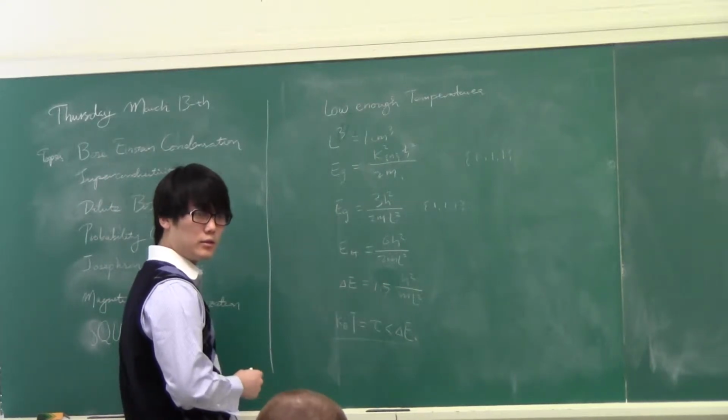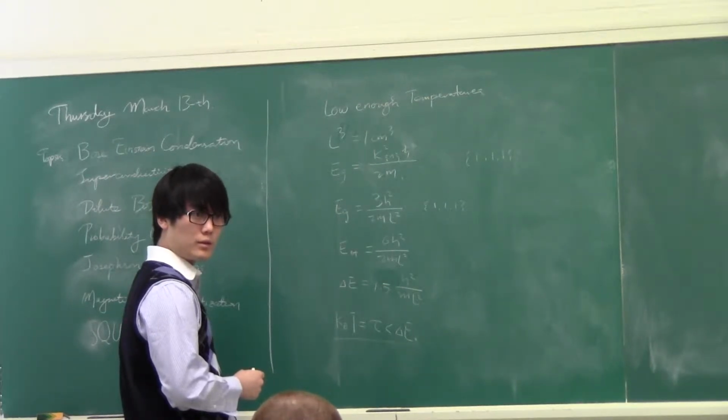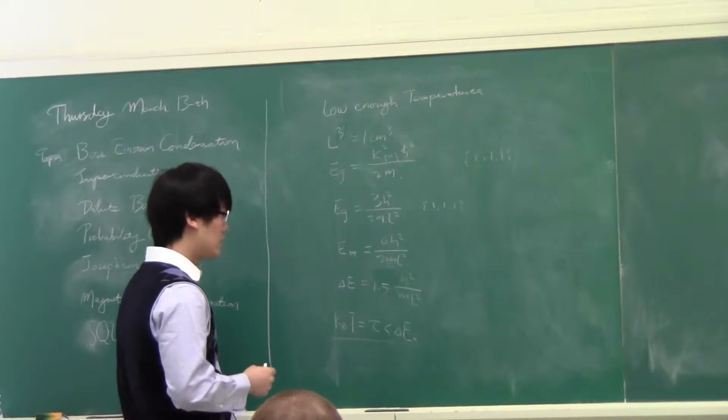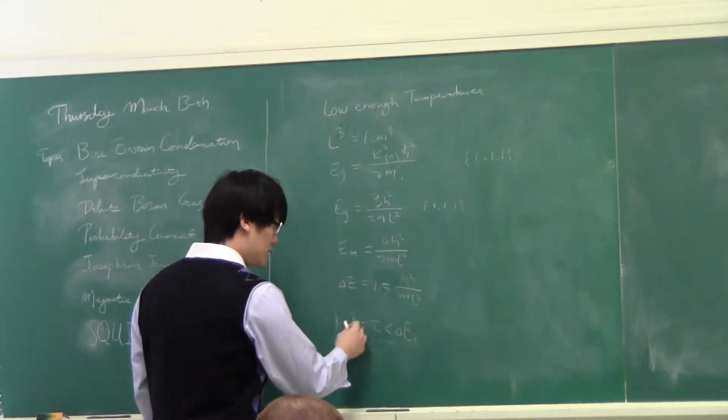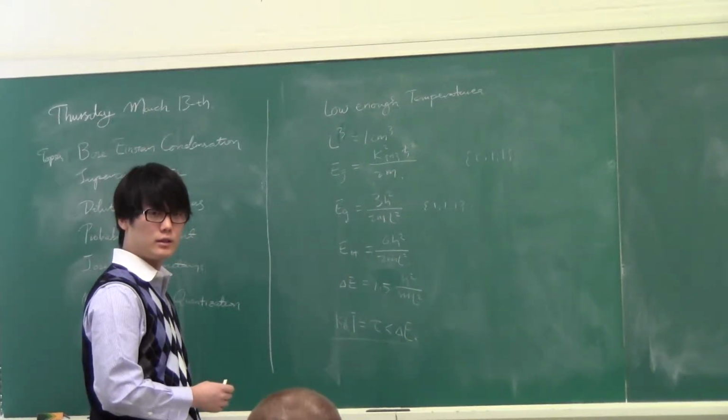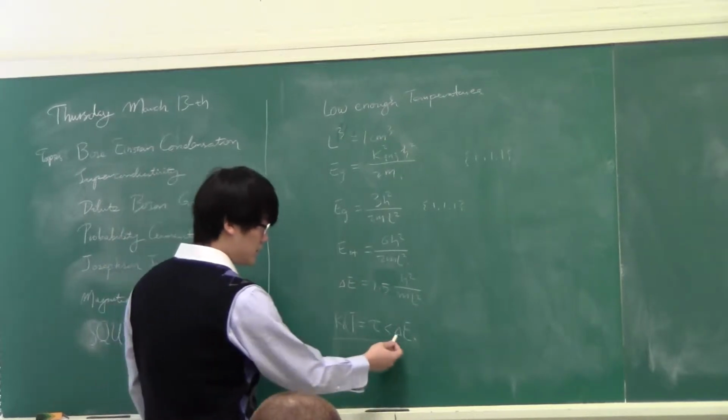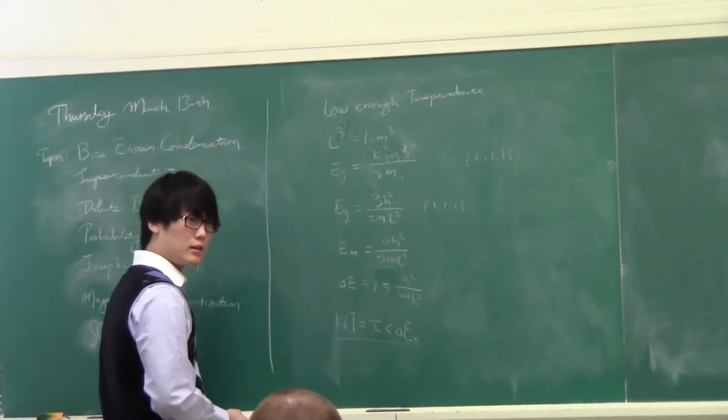So every particle will probably be frozen into the ground state. Let's find out what this temperature is. We just divide delta E by kB.